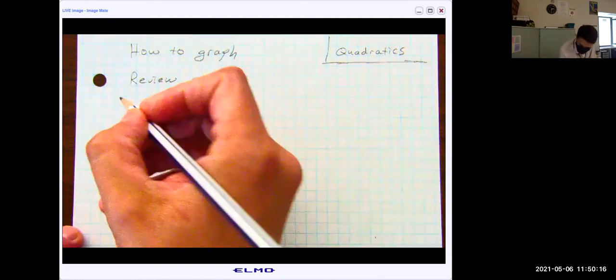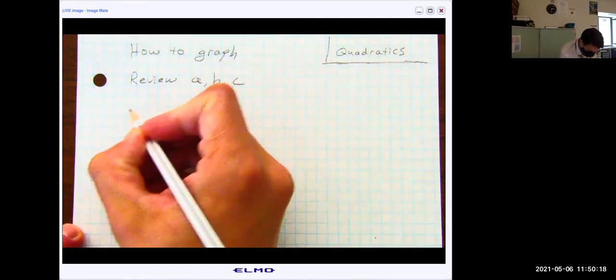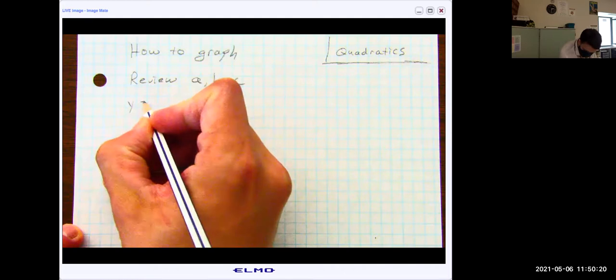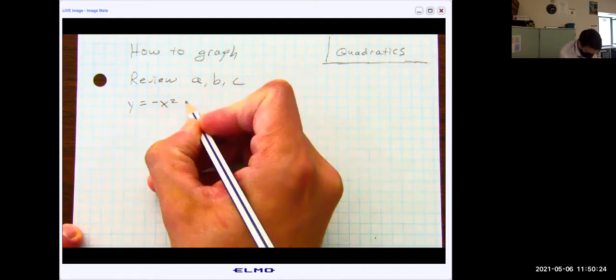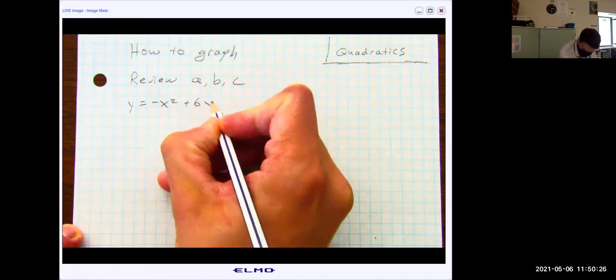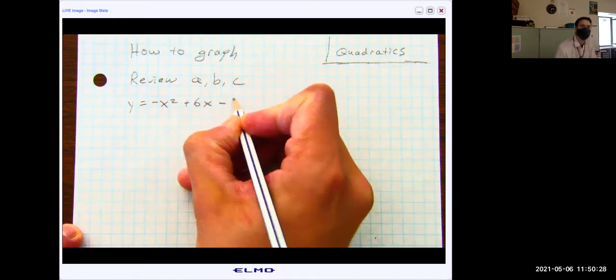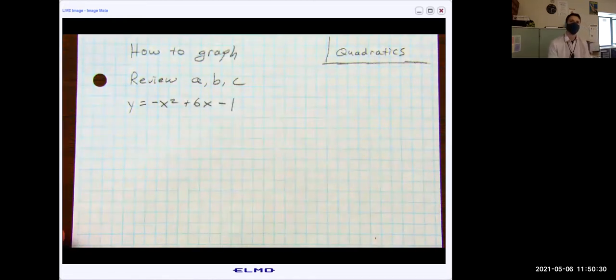Let's say that we're going to take y equals negative x squared plus 6x minus 1. So it's a quadratic because of the x squared, which causes the parabola shape. And when you review your A, B, and C, there's kind of a 4-point checklist you run through.